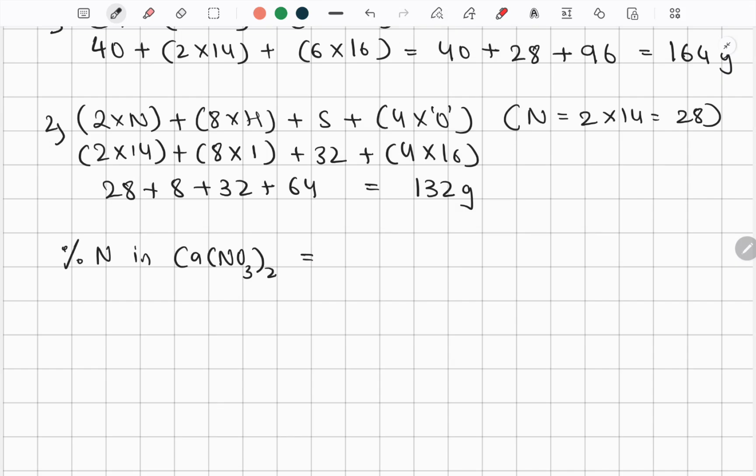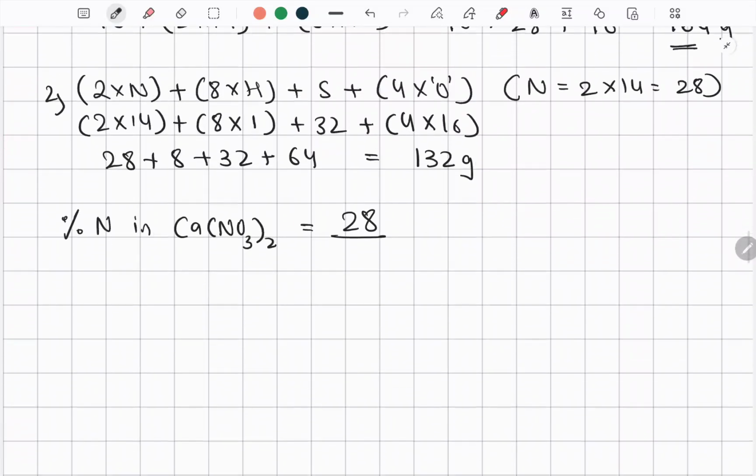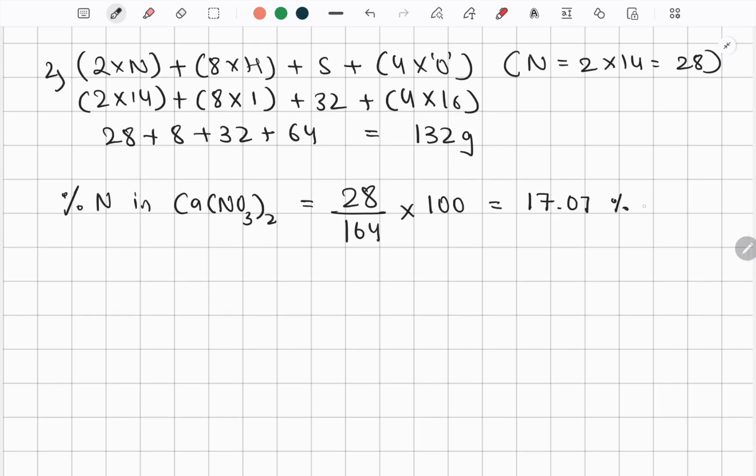It's going to be percentage nitrogen, so the total weight of nitrogen in the calcium nitrate is 28, divided by the total weight of calcium nitrate, which is 164, into 100. When you solve this part, 28 divided by 164 into 100, you will get the answer 17.07 percentage of nitrogen in calcium nitrate.